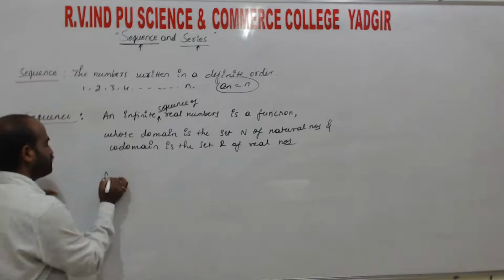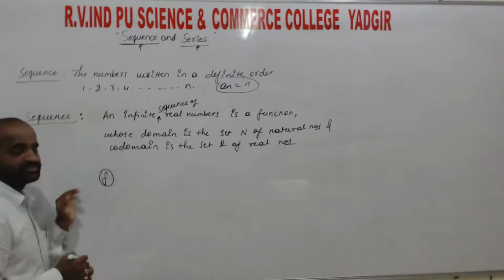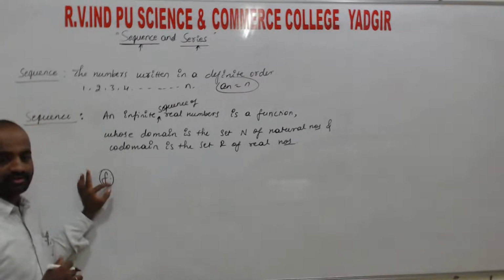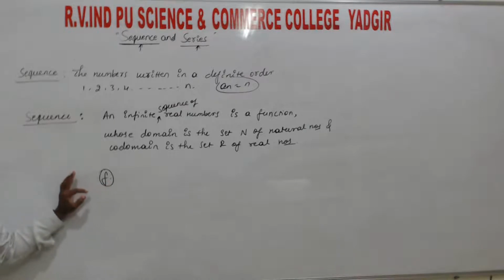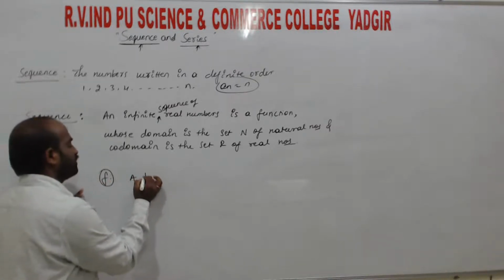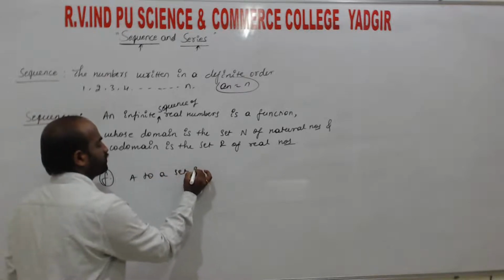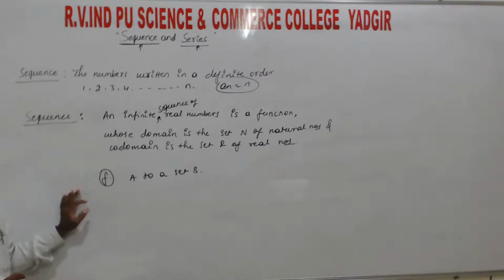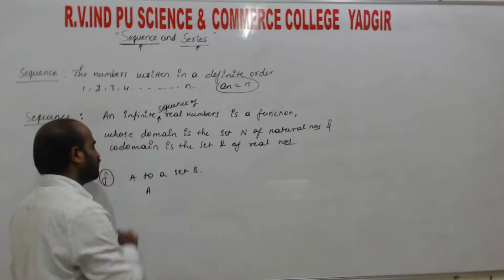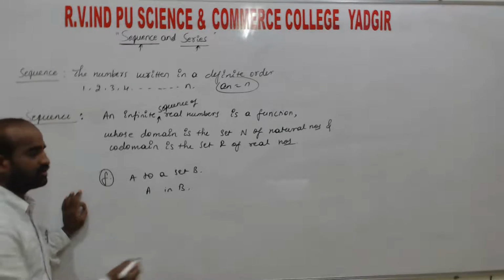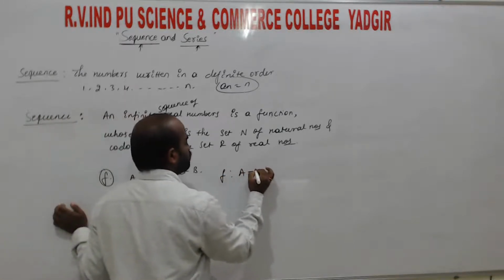Function means a relation F. A relation F from a set A to a set B is said to be a function if every element of set A has one and only one image in set B.